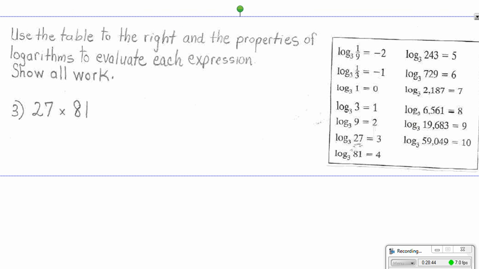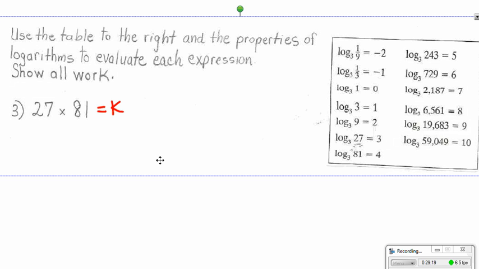Alright. Use the table on the right. Okay. Evaluate each expression. Now this is base 3. If I want to rewrite this one as a logarithm, then why don't I call this one k?